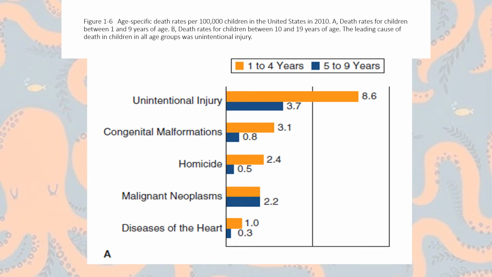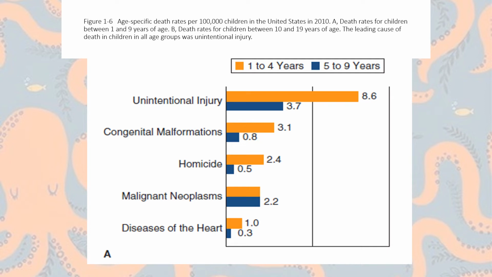And you can see on this one that if you have a congenital malformation and you're a child, the higher death rate is between ages 1 and 4, and a much lower death rate here, 5 to 9. And I would say the assumption there is that if the congenital malformation was not bad enough to kill you by age 4, there's a good chance you're going to survive with that malformation.